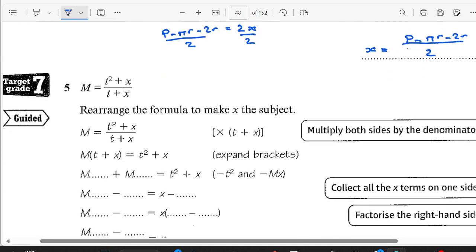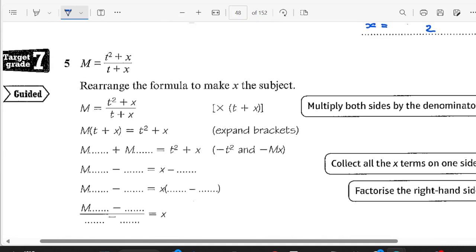Okay, and then question 5, we've got an example where we rearrange to make x the subject and x is appearing twice. So our first step, and we've got a guide here, they're saying multiply by t plus x first of all, and they've done that first step for you, and then they've said expand the brackets. So if we expand this bracket, m times t would be mt, and then m times x would be mx. We're then going to subtract t squared and minus mx from both sides.